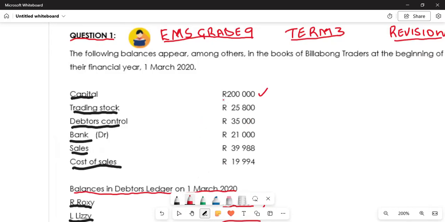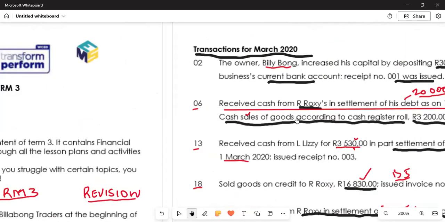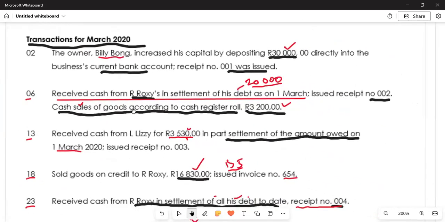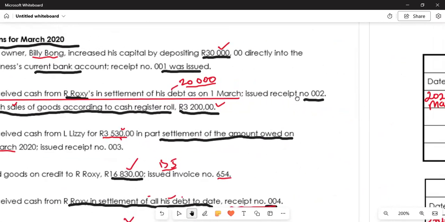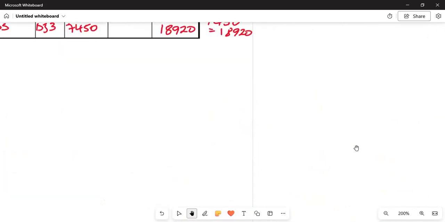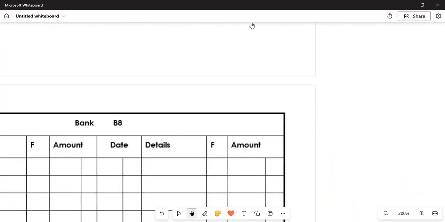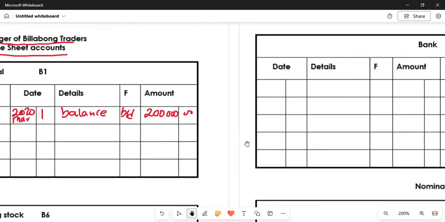That is the amount that we recorded, 200,000. And then also, don't forget, on the second transaction, the owner increased his capital by depositing what? 30,000. So also we are to record that 30,000 under capital. Let us not forget that as well.